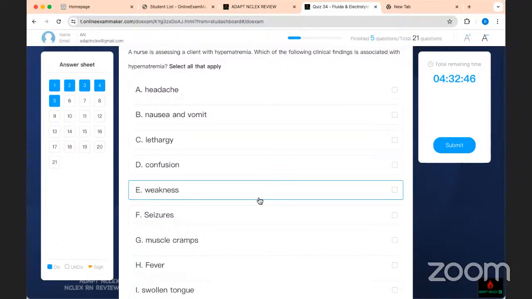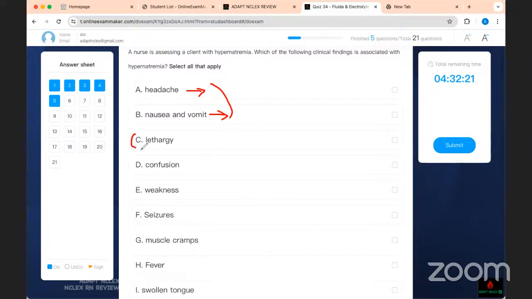Hyponatremia, you will see signs of ICP, brain edema. Number one is signs of ICP. This is a hyponatremia sign, because when your sodium is low, your brain gets edema and you show signs of ICP.